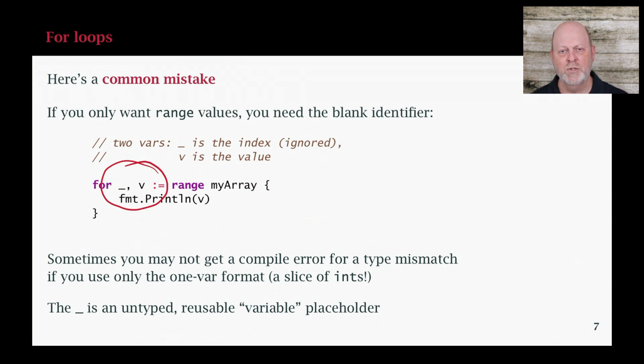I have to use the underscore, and the underscore is just a placeholder. It says there's a variable here that doesn't have a name and we don't care what it is. So I put underscore comma v. V gets the values, the underscore ignores the indexes, and I can't do it any other way, because if I didn't have the underscore, then the v would be understood to be the index values, and I couldn't get the values themselves, just the indexes.